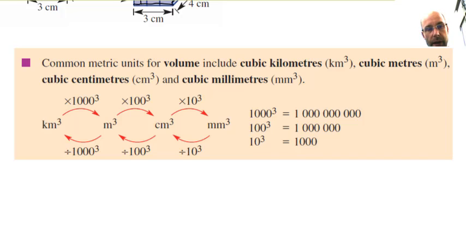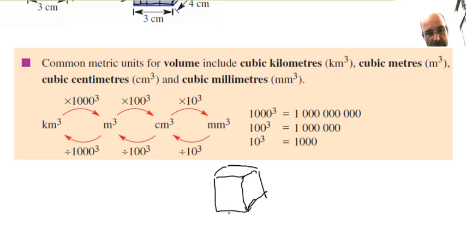Back on the video where we looked at the difference between the units of area, it's not as simple as linear units or length units. We know that we have three dimensions here: length, width, and depth.